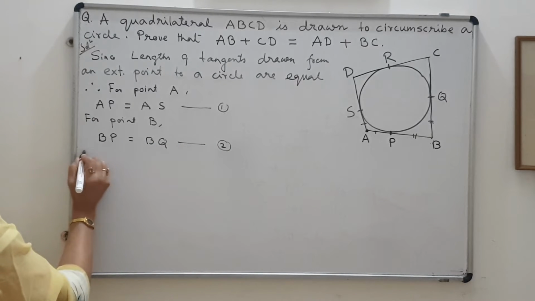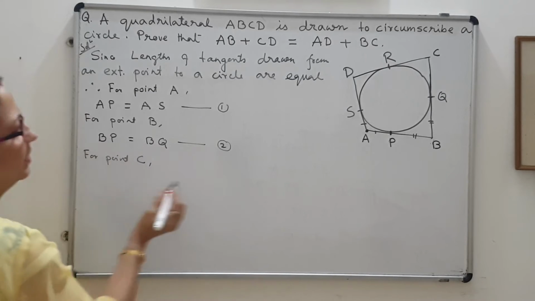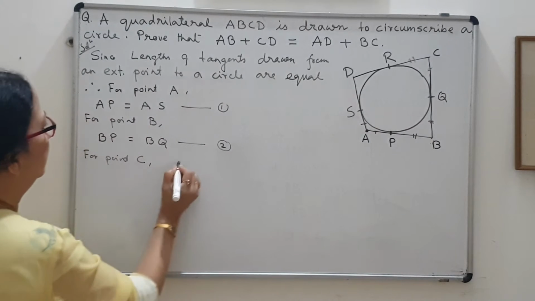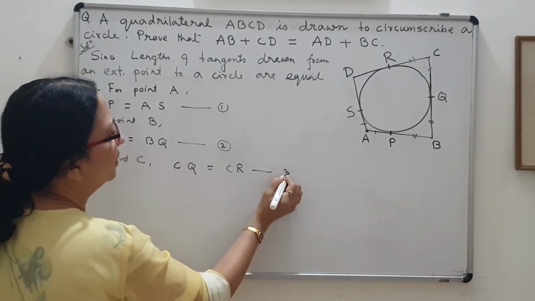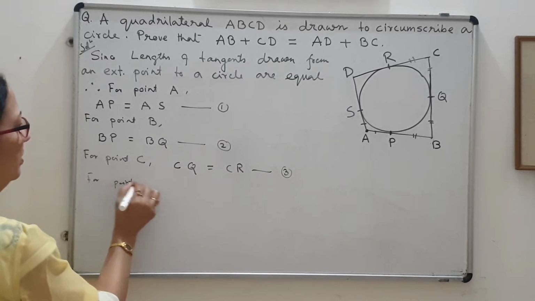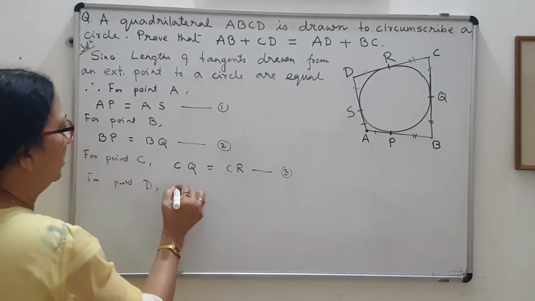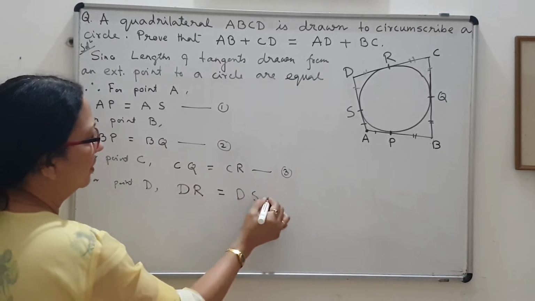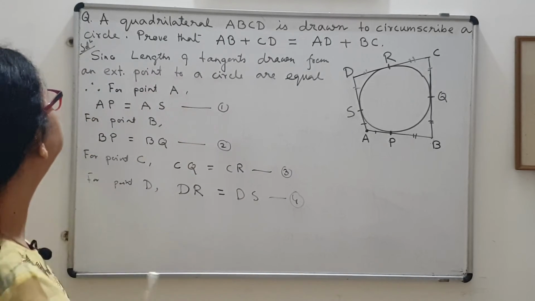Similarly, for the third point C, CQ is equal to CR. The third equation. And lastly, for point D, DR is equal to DS. So I got 4 equations by applying this theorem.